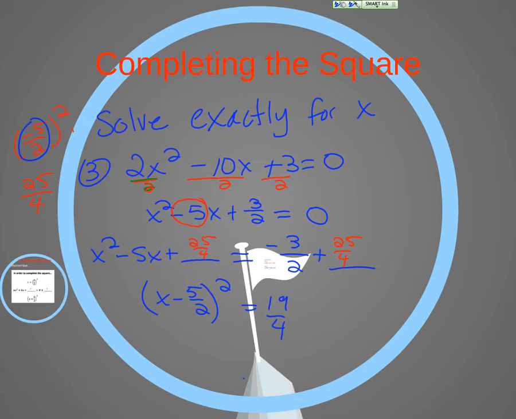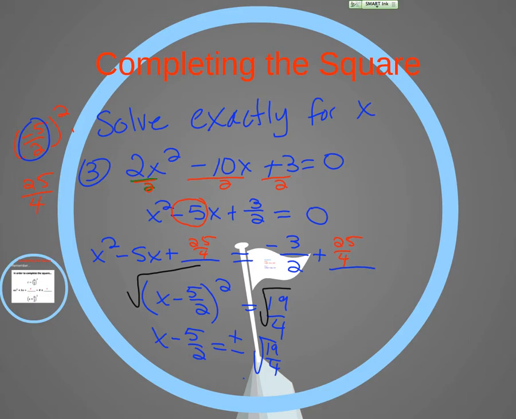So now I square root both sides. So I've got x minus 5 over 2 equals plus or minus square root of 19 over 4. I know I can simplify that, I'm just not to it yet. How do I bring my 5 over 2 over? Add it.